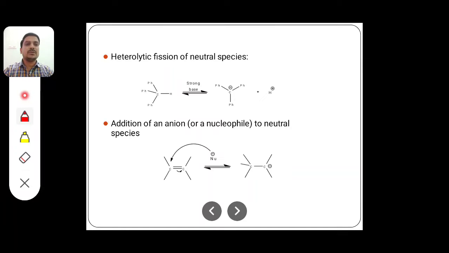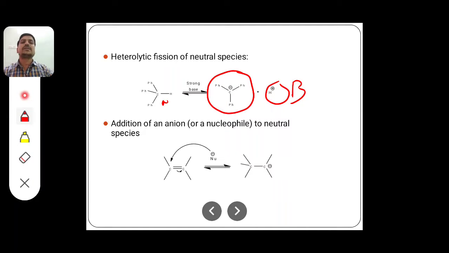See the first example given here, triphenylmethane, and a strong base is added into that. The strong base picks a proton, and the bonded electron pair between carbon and hydrogen stays on carbon. So there is formation of carbanion, negative charge on carbon. H plus is removed by some base. This is a heterolytic fission of the bond.